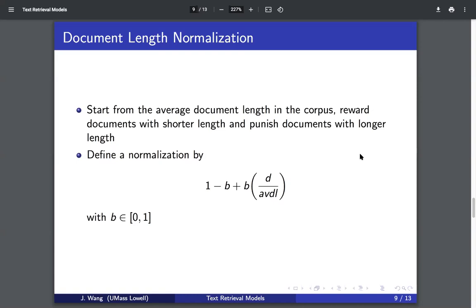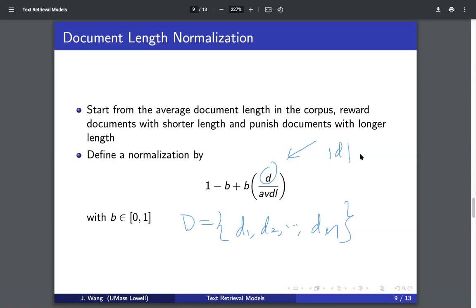But that turns out not to be a good normalization for text retrieval. Instead, for each document D, we look at its length. Because what we are trying to do is that you are going to have lots of documents. As we said, we have M documents here. So that is the underlying corpus.